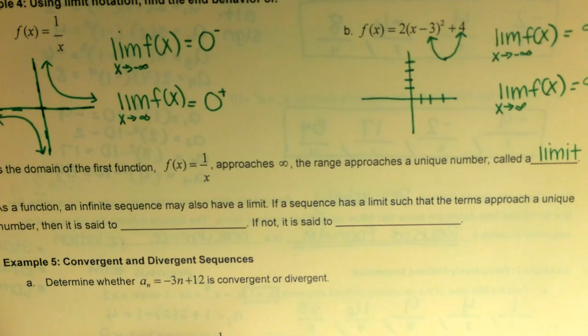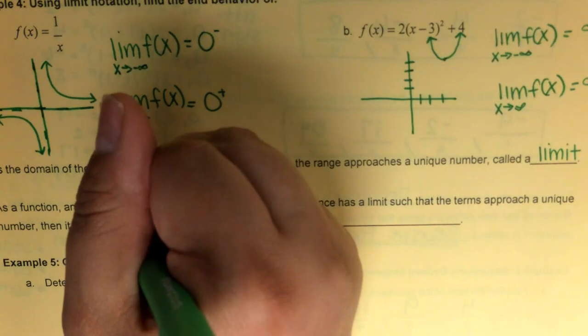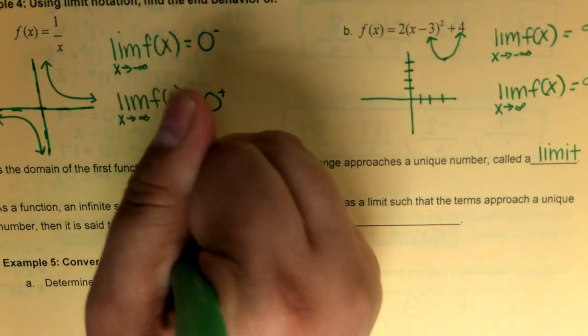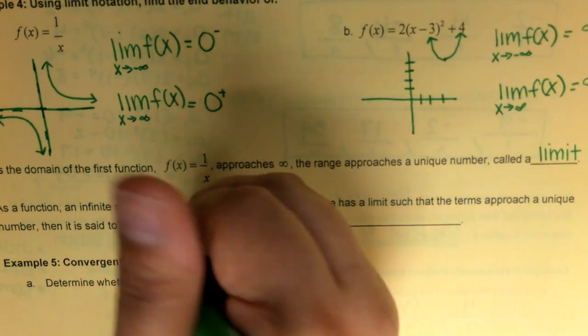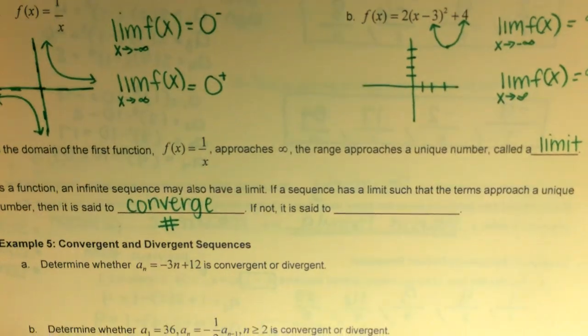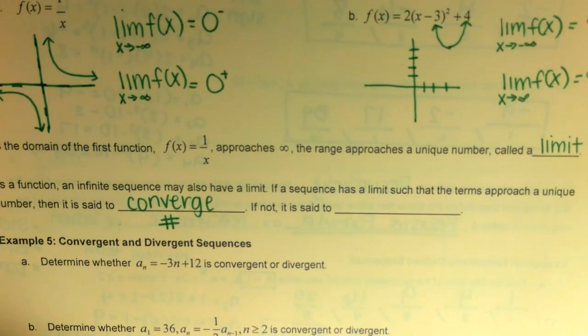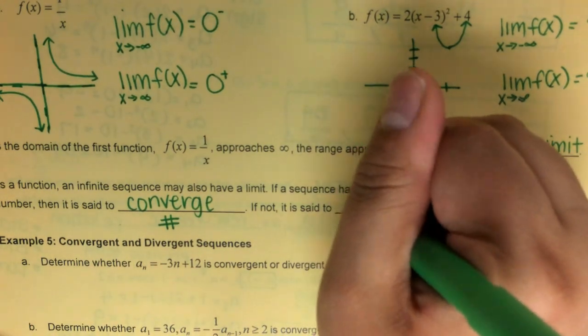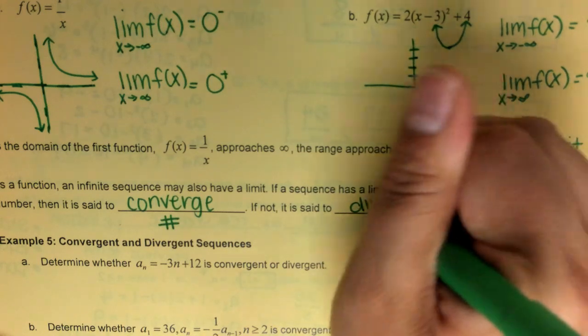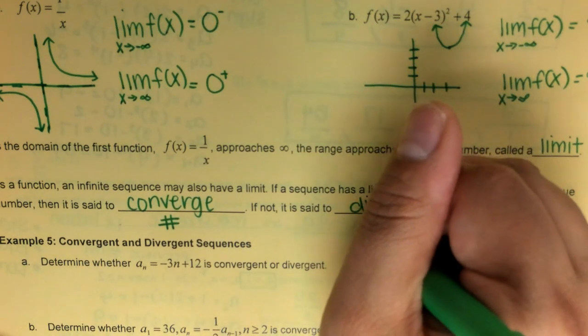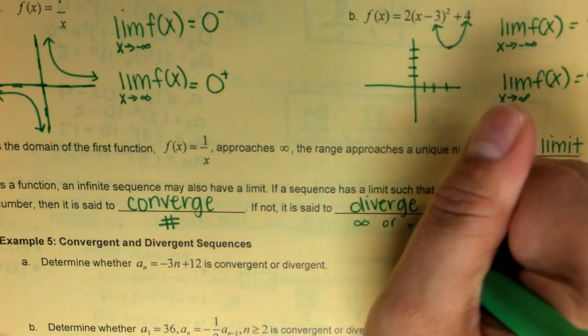If a sequence has a limit, such as the term approaches a unique number, it is said to converge. That is when it goes to a number. If not, it is said to diverge. That is when it goes to infinity or negative infinity.